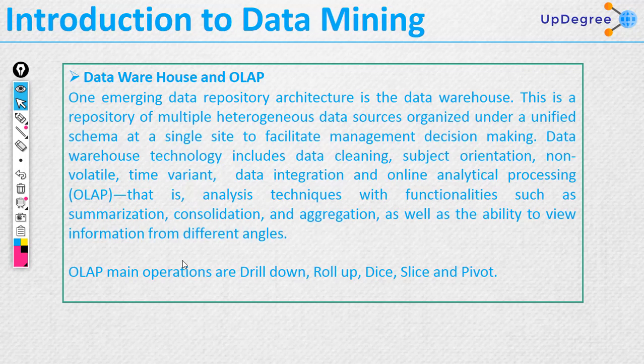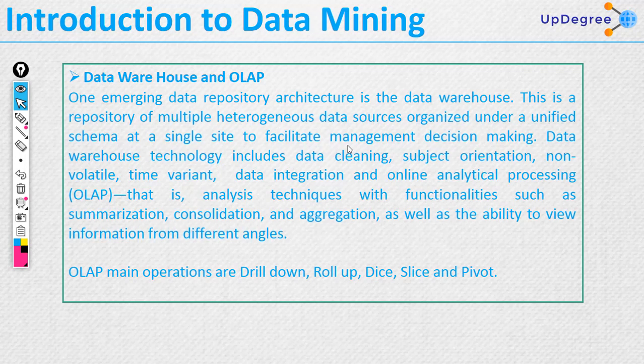OLAP stands for online analytical processing. One emerging data repository architecture is the data warehouse, a repository of multiple heterogeneous data sources organized under a unified schema at a single site to facilitate management decisions.